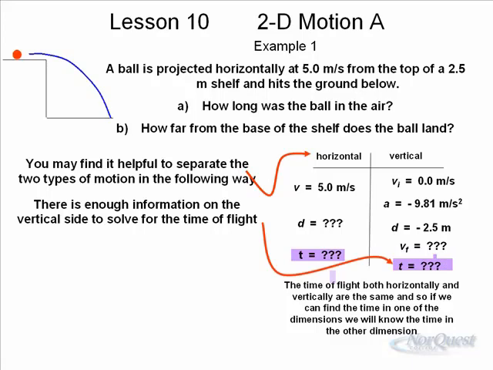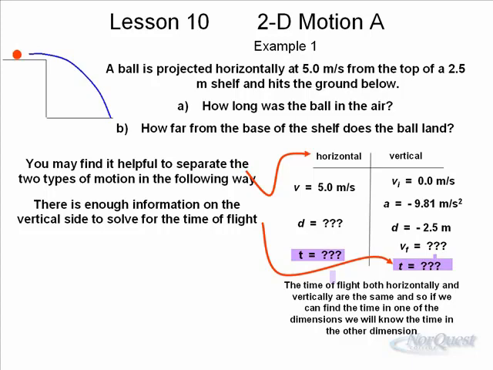We have the initial velocity is 0. Now the reason it's 0 and not 5 is because vertically it's not moving up or down when it leaves that shelf. It's moving horizontally, but it has no vertical velocity, so we say that's 0. Any horizontal object has a 0 velocity vertically.